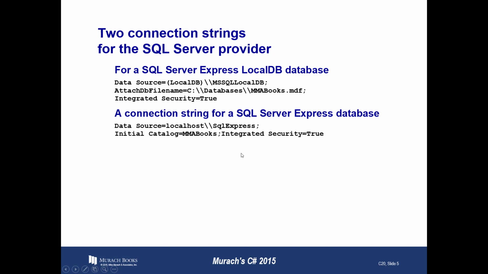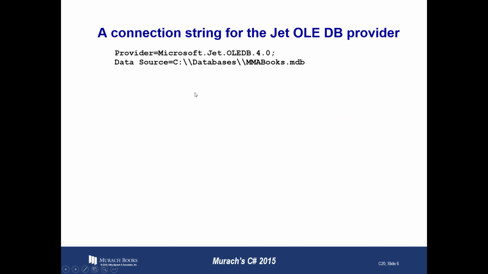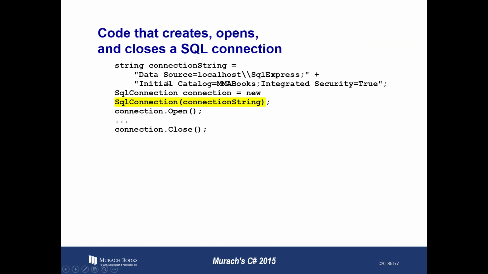So here's a couple different connection strings. First one from LocalDB, the second one from SQL Server Express. You'll notice the SQL Server Express is a little more trimmed down. And Jet, which is another data provider.